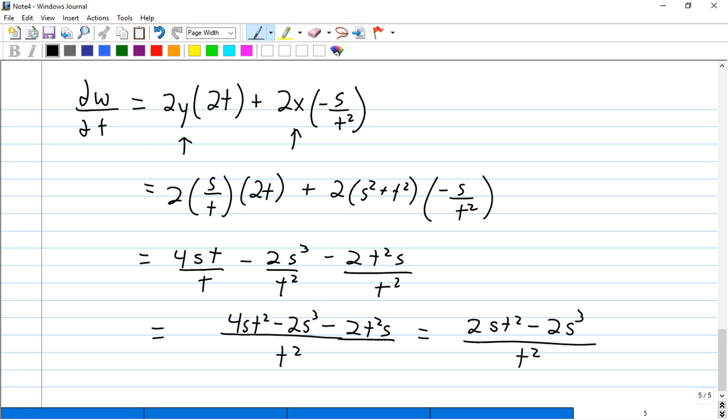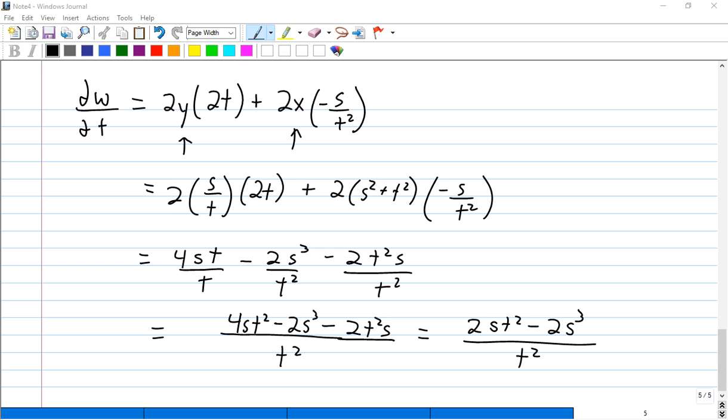So that one to me was probably harder the second way, using the chain rule. But I just want you to understand that there is another way to do it without doing substitution first. And those rules can be extended to as many variables as you want them to be. You can extend it to 2 variables, 3 variables, whatever.